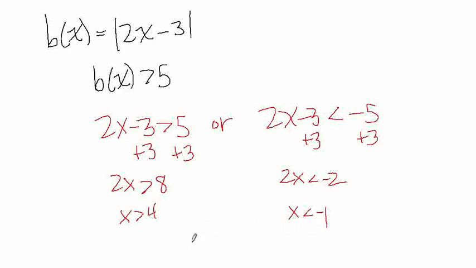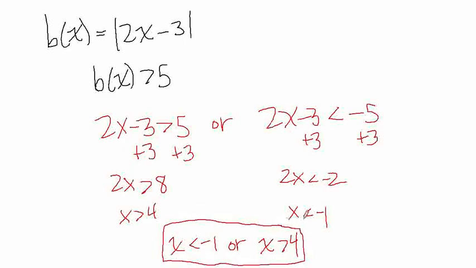All right, so putting it all together, for the function values to be greater than 5, we want to focus on x values that are less than -1 or x values that are greater than 4.